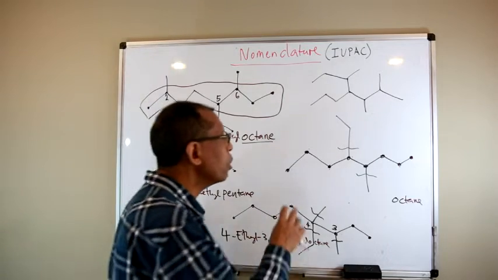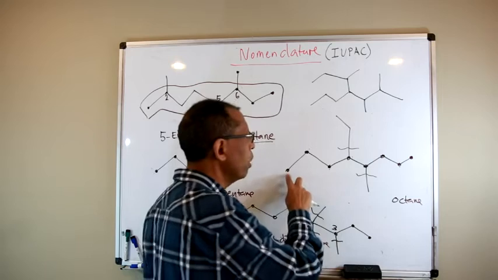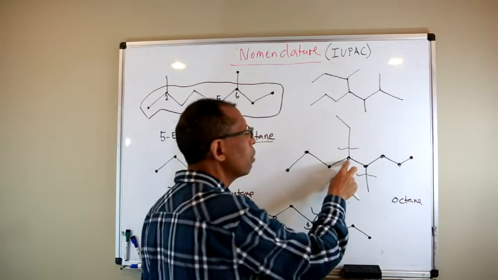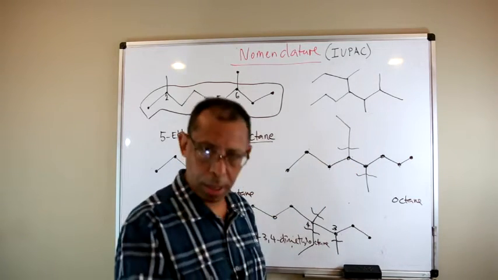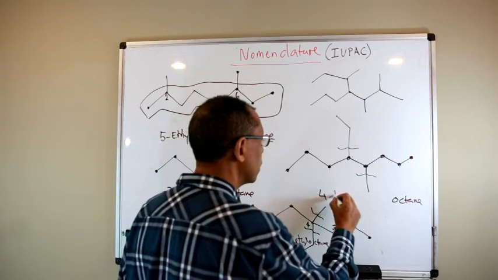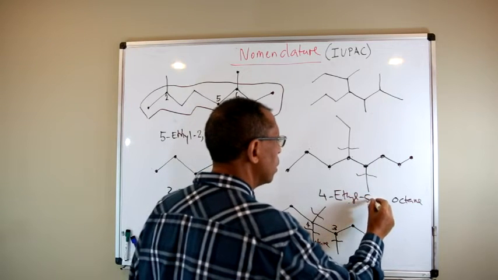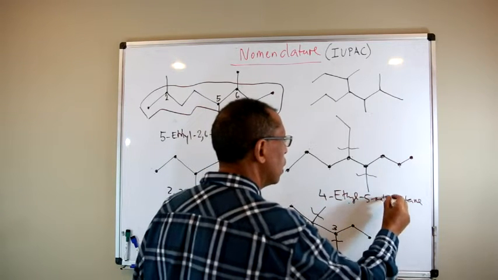Therefore, I would go with the alphabetical order. So I would start from here, because this is what becomes first. So it would be 4-ethyl, 5-methyl octane.